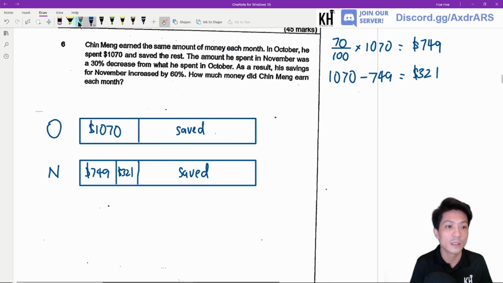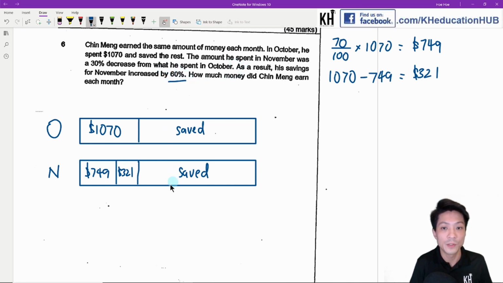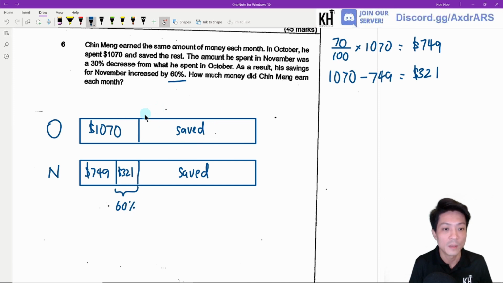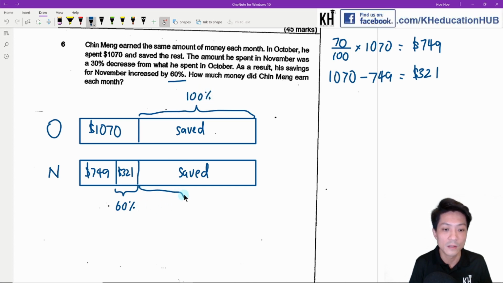And then remember that there was a 60% increase in his savings, right? So this is 60%. If you treat the original savings in October as 100%, this will be the 100% also.